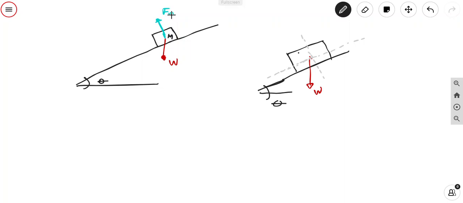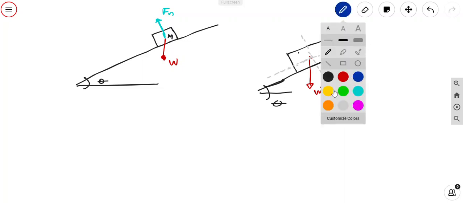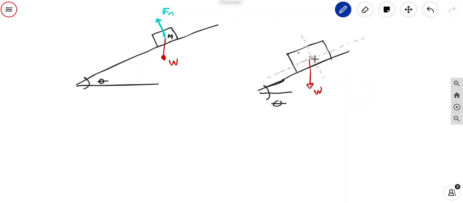So when we now analyze the components of the weight acting here, we can break the weight into components. We have one component that will be perpendicular to the surface of the plane, so I will call this component W perpendicular.